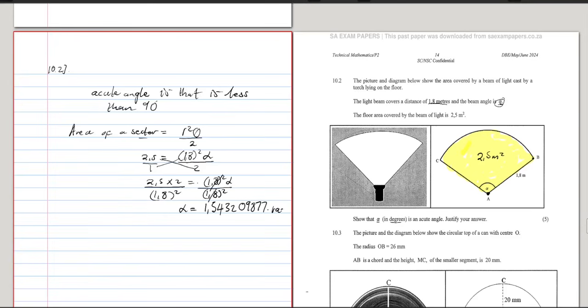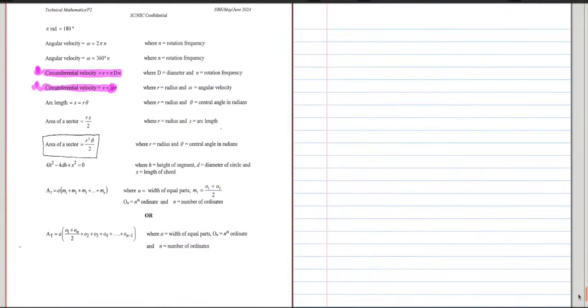So the answer we get is in radians. So this formula assumes a measurement in radians. So whenever you do the calculation, you need to substitute radians.